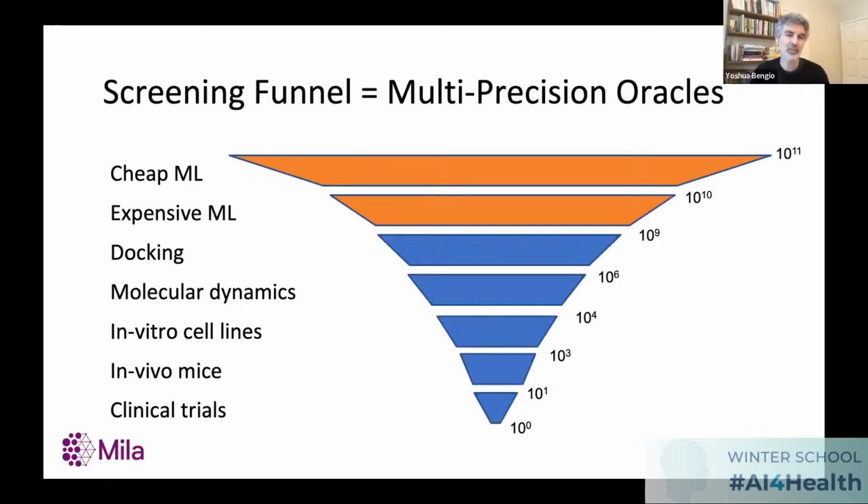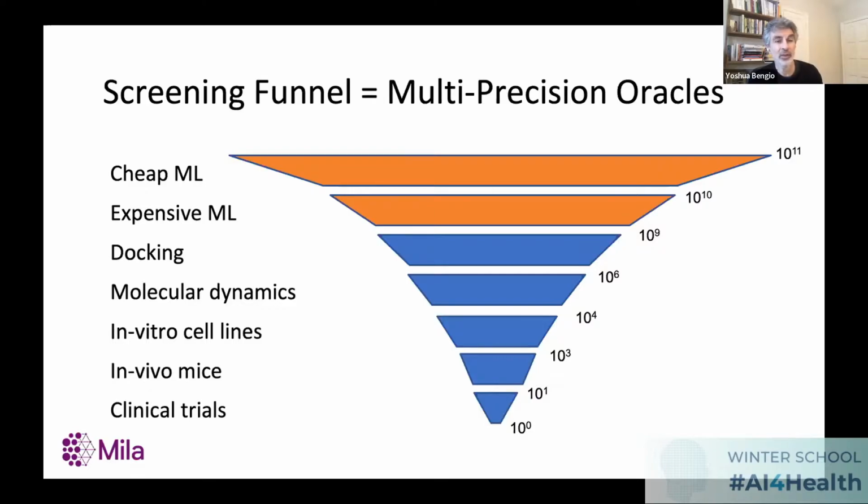As I mentioned, we also have to take that in the perspective that these oracles that tell us how good a drug is come at different levels of precision and costs. We can have cheap machine learning in terms of computation, or expensive machine learning in terms of computation or memory.